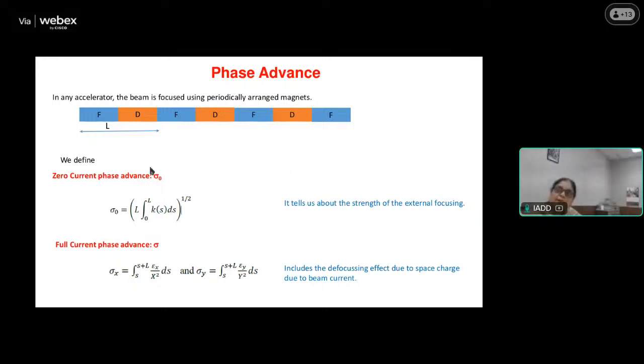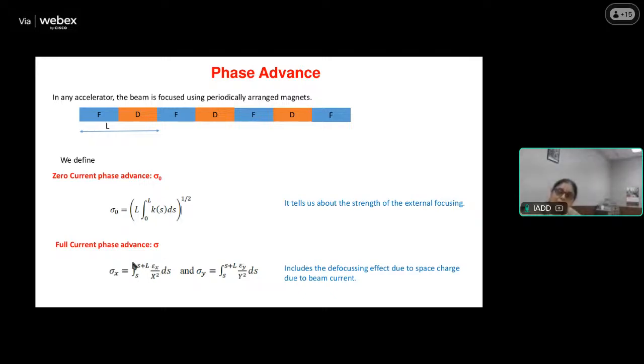For that, we define the zero current phase advance, which is given by this expression here. Here K represents the focusing of the quadrupole or the solenoid magnets. This zero current phase advance tells us about the strength of the external focusing, whether it is the quadrupole magnets or the solenoids, in the periodic focusing lattice.